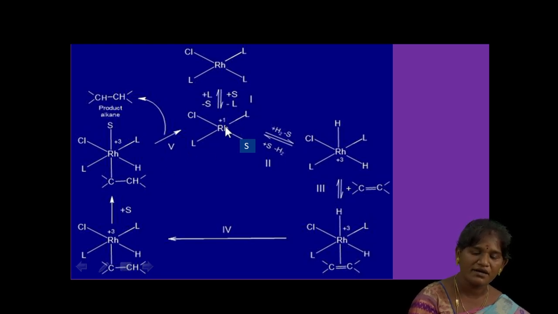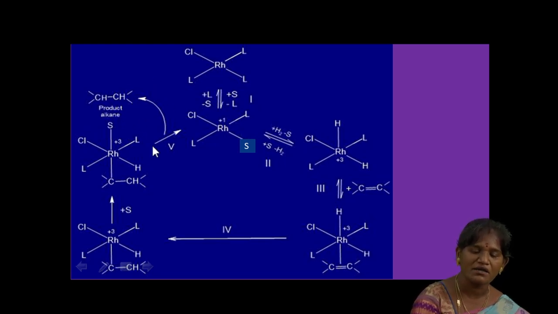Here elimination occurs. Which compound is eliminated? Here the hydrogen is transferred to the olefin and it forms the alkane. So this is our product. The olefin is converted into alkane.